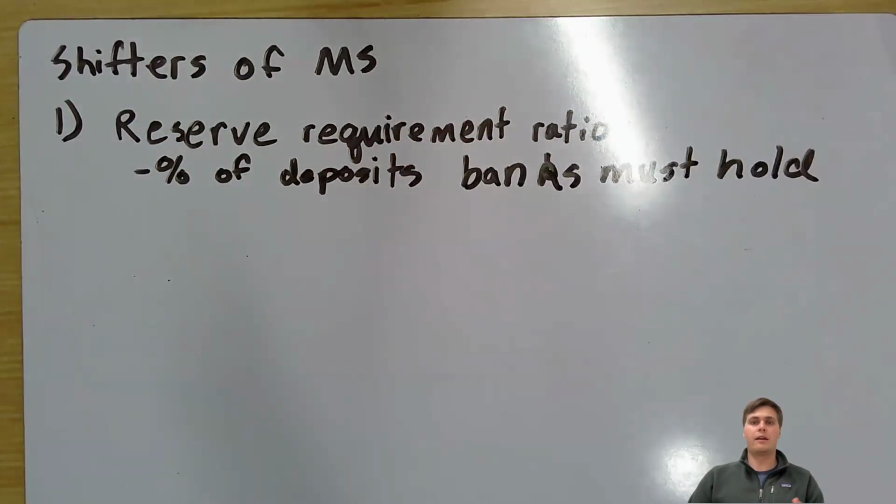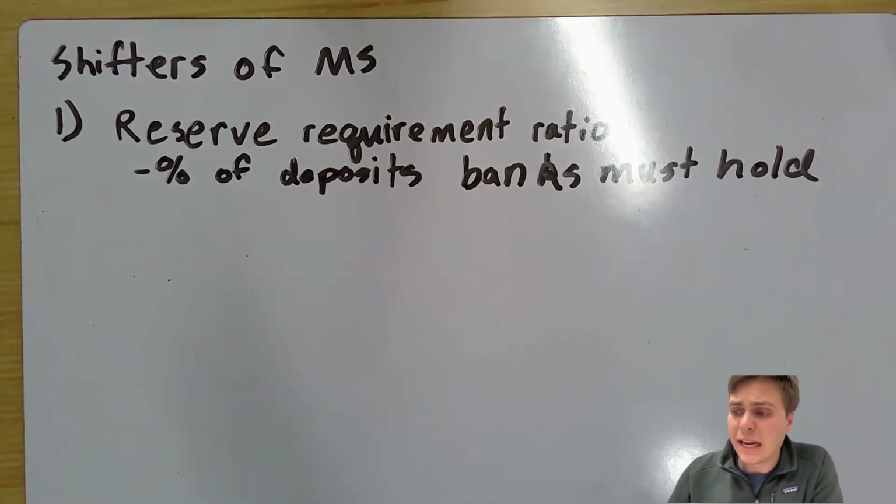Okay. And if you're thinking about this, well, if you remember our bank balance sheets, when a deposit goes in, the banks can loan out that money. And that's ultimately because of the money multiplier, what increases the money supply out there. Okay.